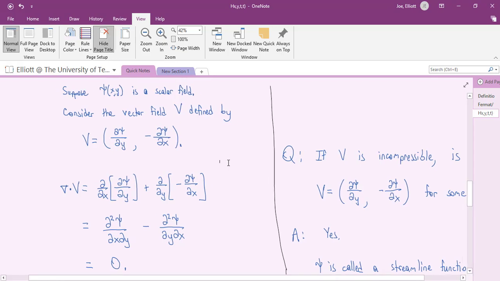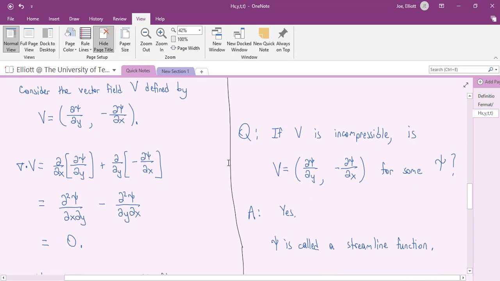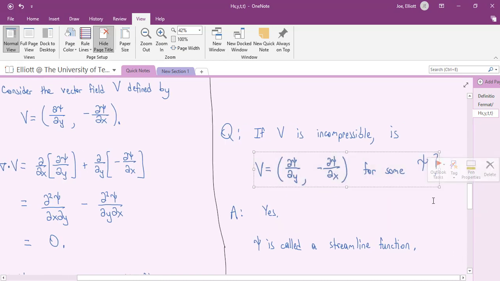Can we instead start with an incompressible flow v, and then say that v was equal to this for some function c?